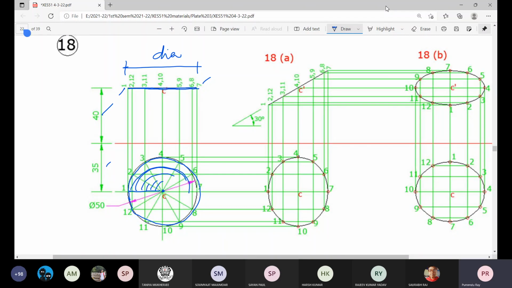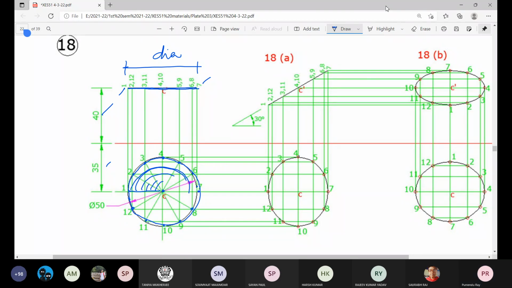Okay, and go on marking these points: point 2, point 3, point 4, 5, 6, 7. Sorry, 7 is the extreme boundary, rather the diameter end. Then 8 at 30, 9 at 60, 10 at 90, 11 at 120, 12 at 150, 1 again, coming back at 180.